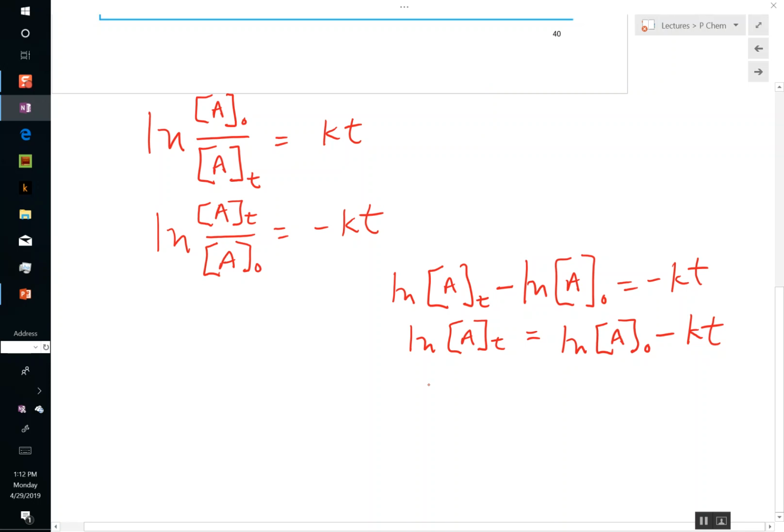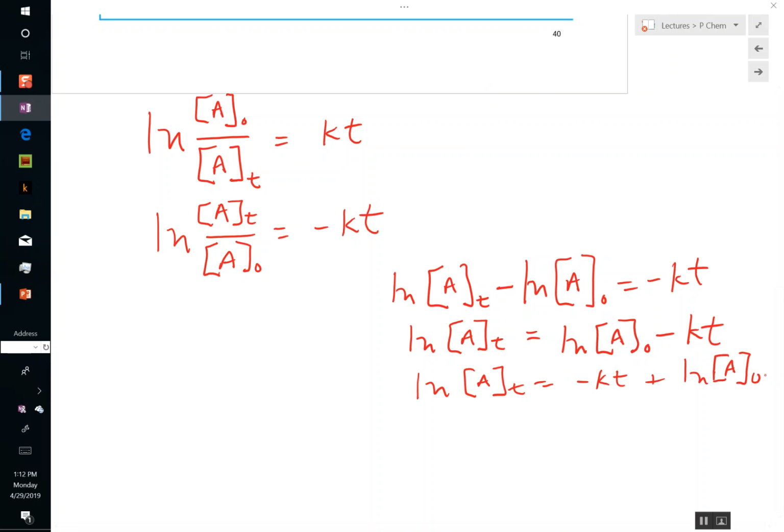Yeah, I guess so. So y equals mx plus b. Okay, so that's useful for graphing.